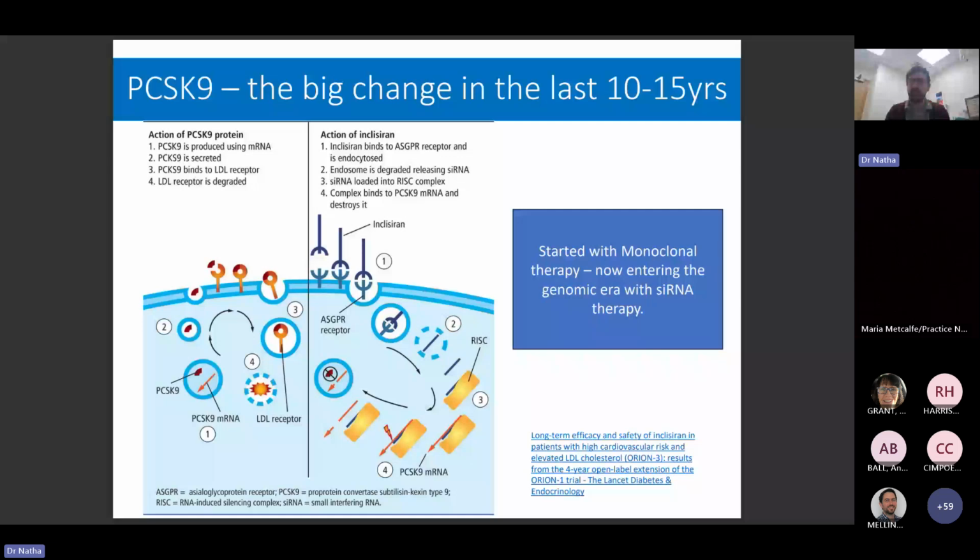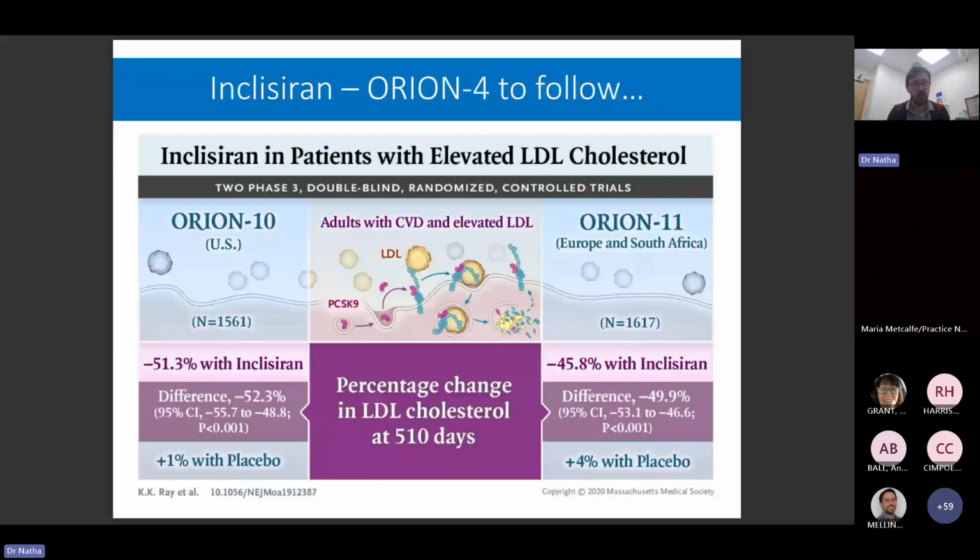The Orion 10 and 11 trials are the main clinical trials that have highlighted the clinical effectiveness of inclisiran in reducing LDL, with a difference of roughly 50% LDL reduction in a single agent, which is very effective and just as effective as monoclonal antibody agents, which need to be taken every 2 weeks, versus inclisiran, which is only required twice a year through a subcut injection.